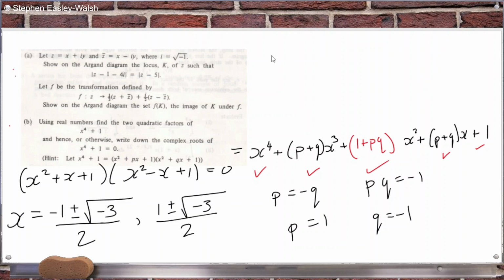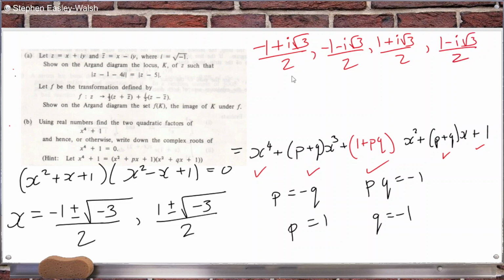It's going to be minus 1 plus i root 3 over 2, minus 1 minus i root 3 over 2, 1 plus i root 3 over 2, and 1 minus i root 3 over 2. They're the 4 roots. And yes, they're all complex.